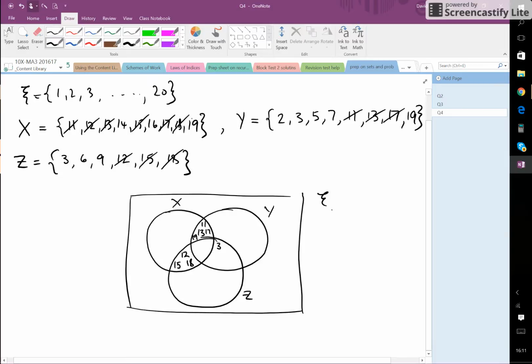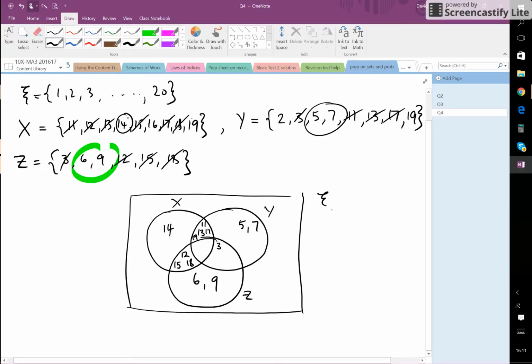And we've dealt with 3. That's it. So what have we got left? Well, what's left are these two here. So that is only in Z. So that's going to go here. 6 and 9 go there. And now we're going to deal with these 5 and 7. They're only in Y, so 5 and 7 go there. And 14 is only in X, so that goes there.